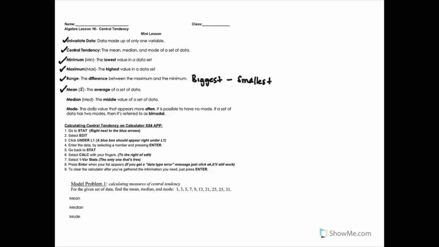The median is the middle value of a set of data. So if I take a set of data, let's say I have the numbers 1, 2, 3, 4, 5, and I put them in order, then the value that's right in the middle is your median. Again, when you look in the calculator, after I show you how to do this, the median is identified by MED.